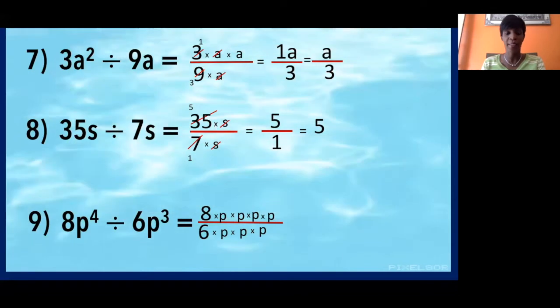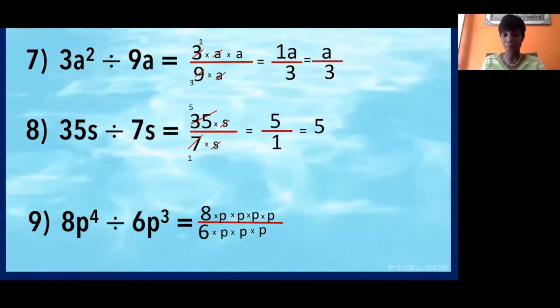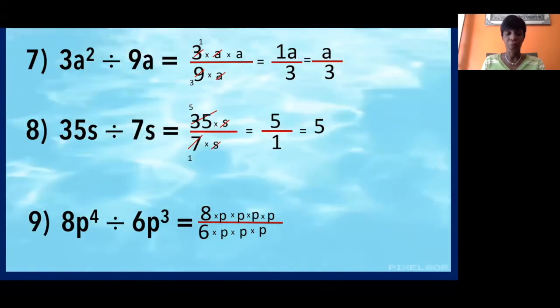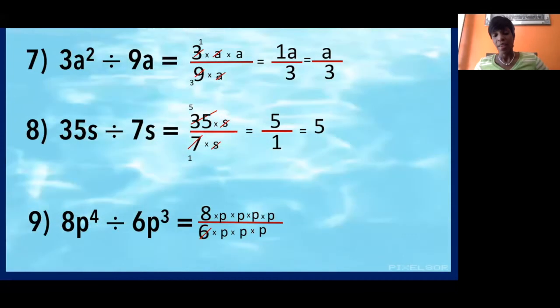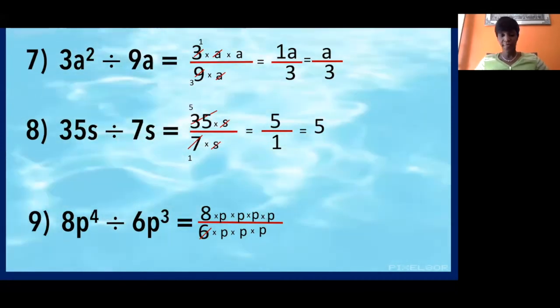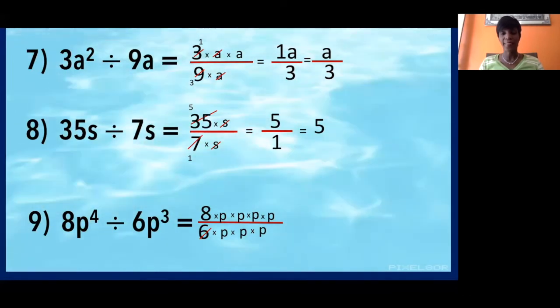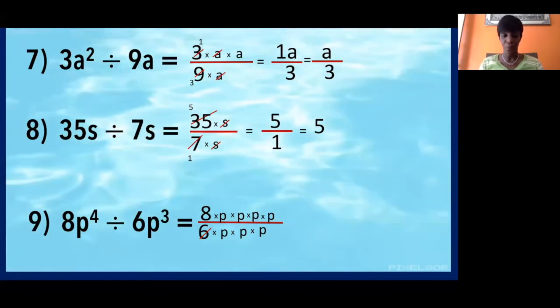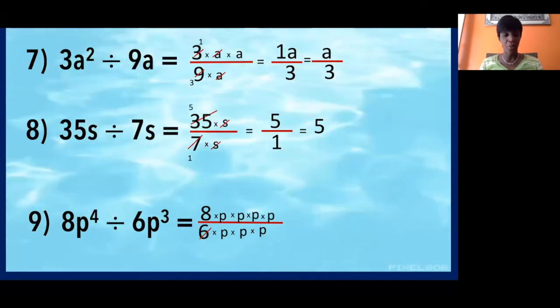And what is the next step? Remember, you're supposed to be writing this down. Our next step is to cancel out. Is there any number that can go into 6 and 8 without a remainder? What is the HCF of 6 and 8? We know 6 can't go into 8, so we cannot use that without a remainder.